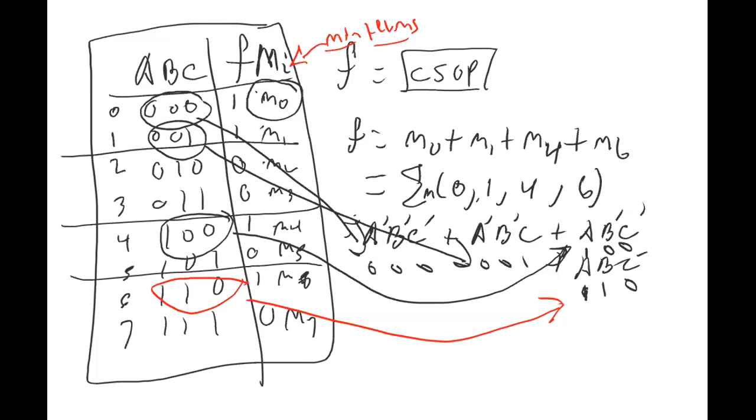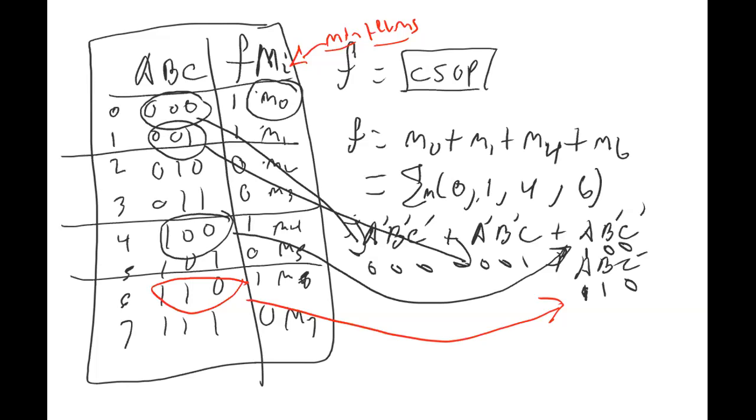That gives you an algebraic, I'll say, analog to the truth table. Every element in the truth table that is a member of the onset has a min term associated with it. Questions about min terms?